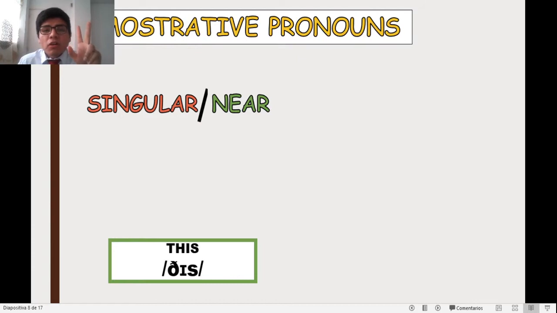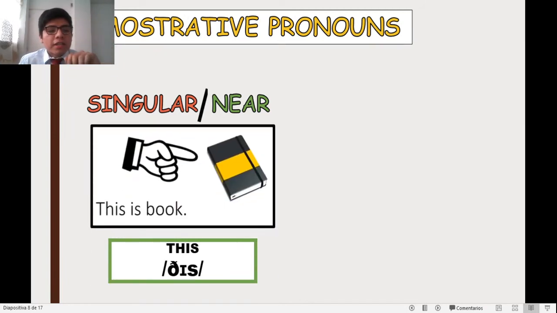When something or someone is singular or near. Singular, just one, right? And near, which is near me. For example, this is a book. Or I have a pencil in here. This is a pencil. Look at my mouth. It's fast and it's short. This is a pencil.